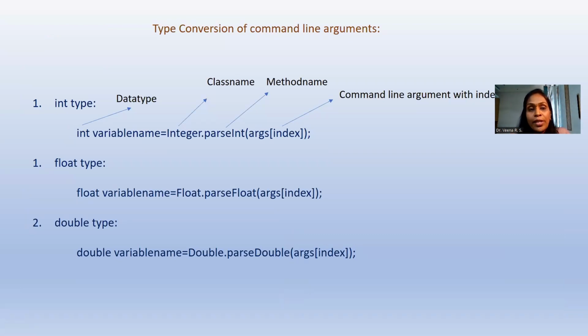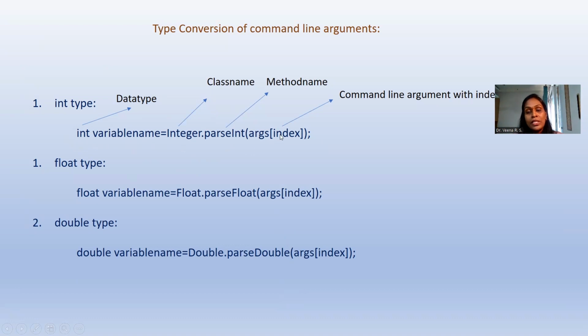Now suppose a string value you want to convert into integer, you can always use this particular statement where int is the data type of the variable in which I want to store it. Integer is a predefined class. parseInt is a method name which takes the argument, and that argument is converted into integer, and that value will be stored in the variable one.